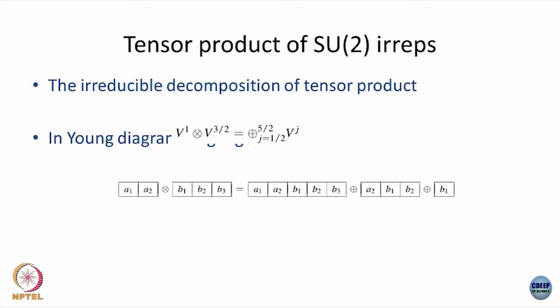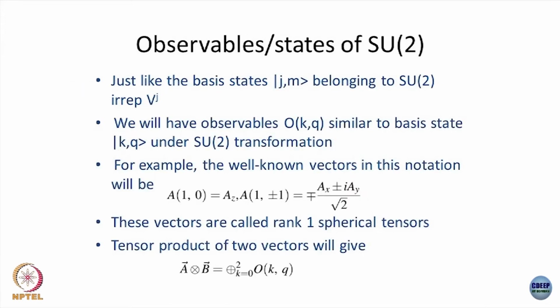For SU(2), the diagrams can have only a single row with so many boxes, each one is an irrep, but you can compose 2 irreps and they can undergo a decomposition into irreducible representations in a systematic way. Clear? Okay.